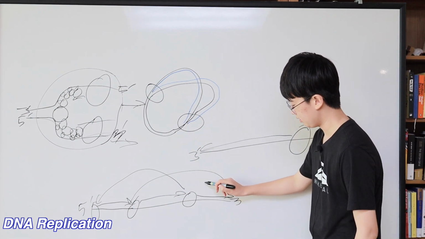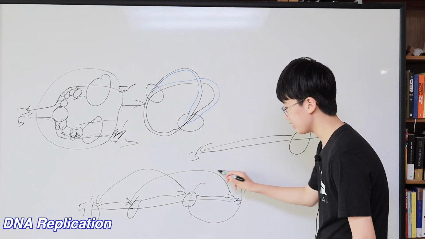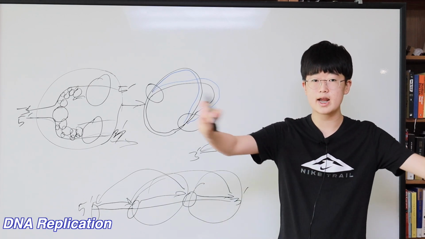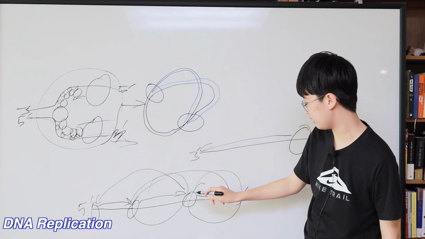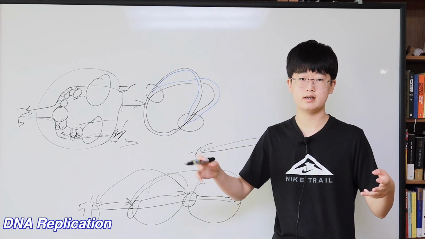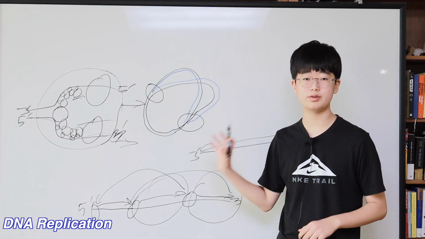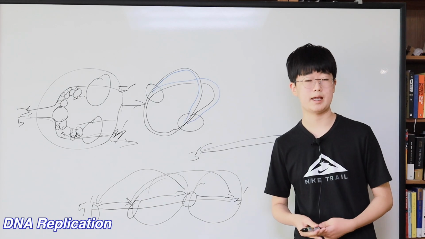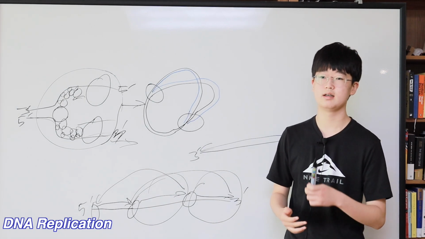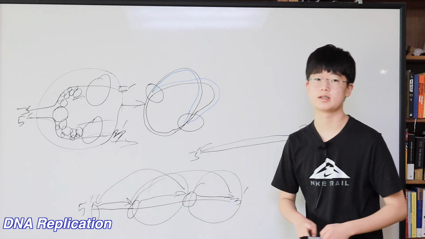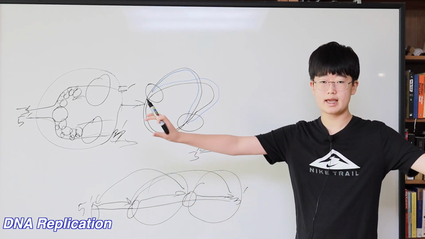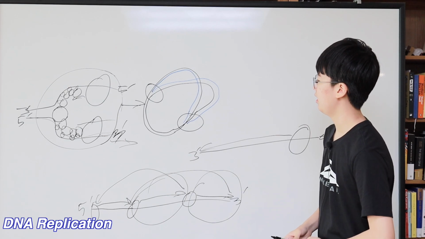And each of the fragments that DNA is made in, we call these Okazaki fragments because a person named Okazaki found how this works. Okazaki fragments make up the lagging strand.